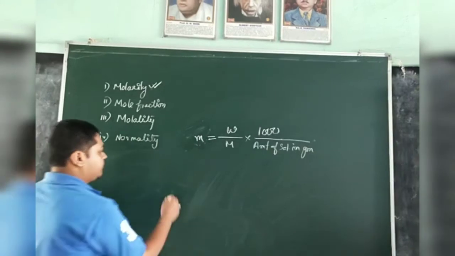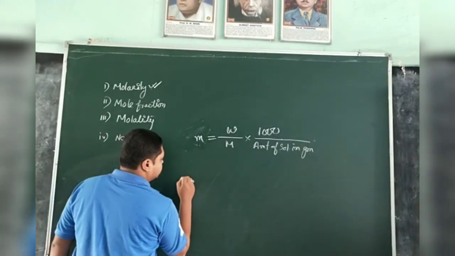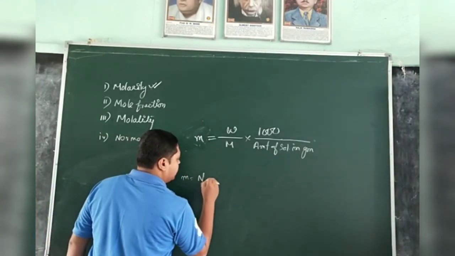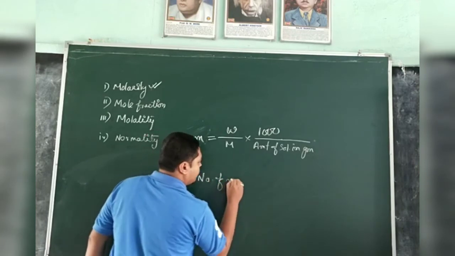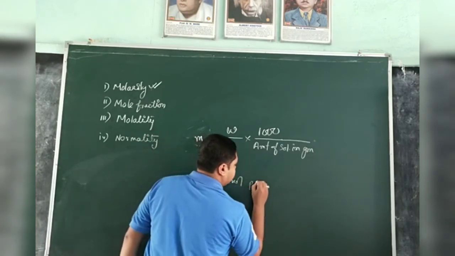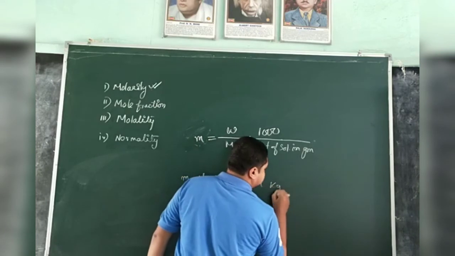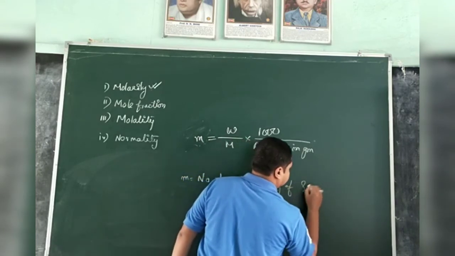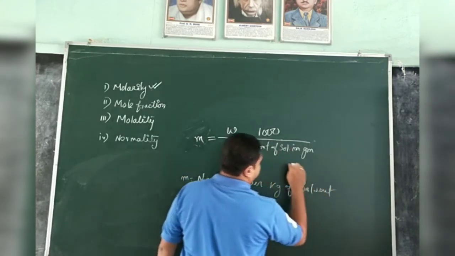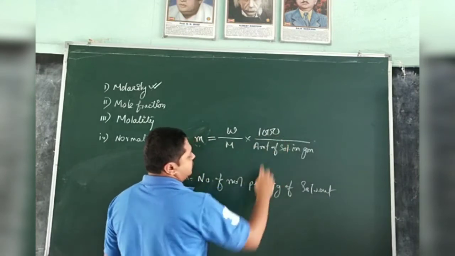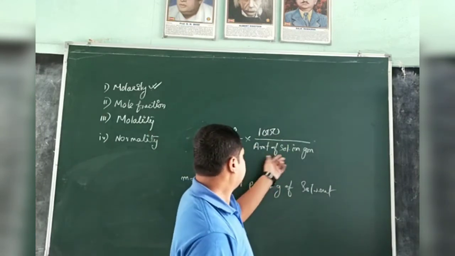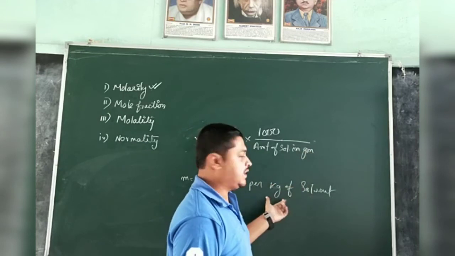The definition of molality is the number of mole per kg of solvent. But when you multiply this by 1000, it goes to the amount of solvent in gram, not kg.